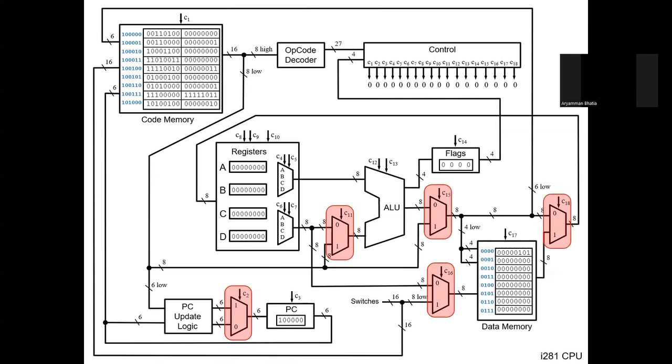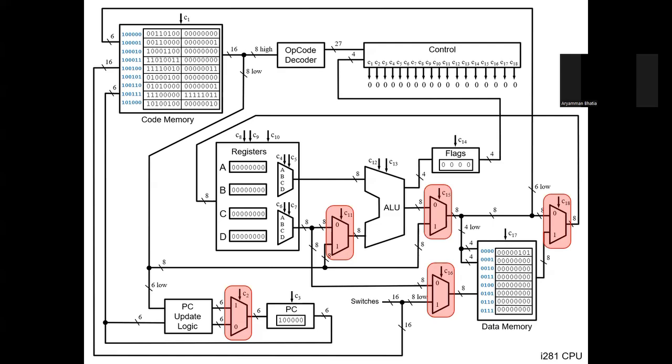Now we have 5 multiplexers. We got this program control multiplexer, which is to choose whether you want to increment the instruction address by one, or you want to jump to some other instruction. Then we have this C11, whether you want to pull from the code memory some value to load to the ALU, or you want to pull from the data memory.